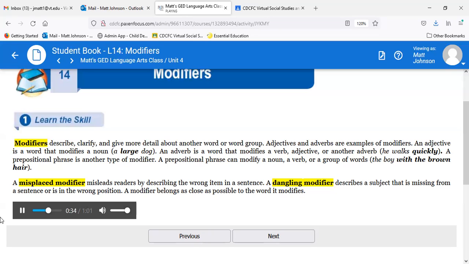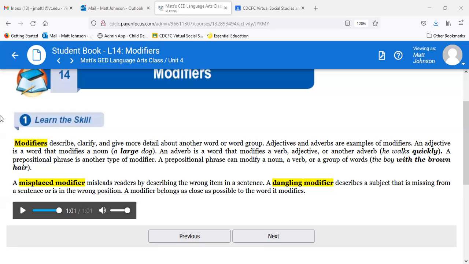A prepositional phrase can modify a noun, a verb, or a group of words: the boy with the brown hair. A misplaced modifier misleads readers by describing the wrong item in a sentence. A dangling modifier describes a subject that is missing from a sentence or is in the wrong position. A modifier belongs as close as possible to the word it modifies.